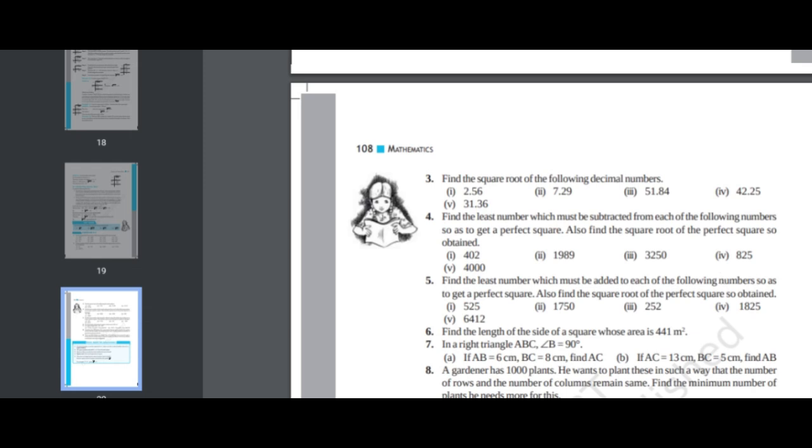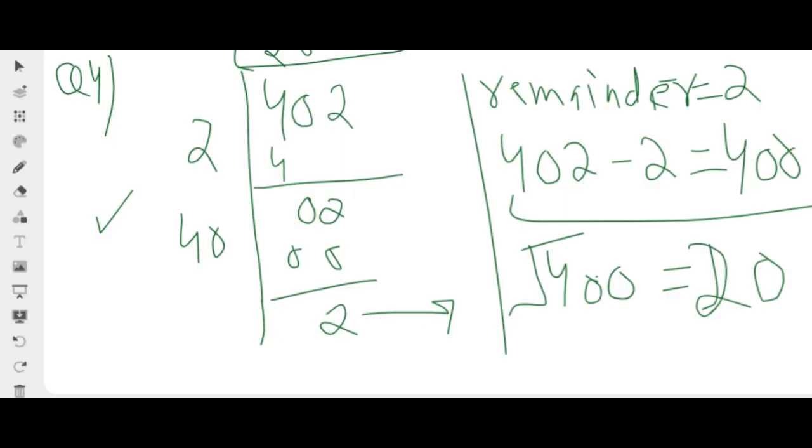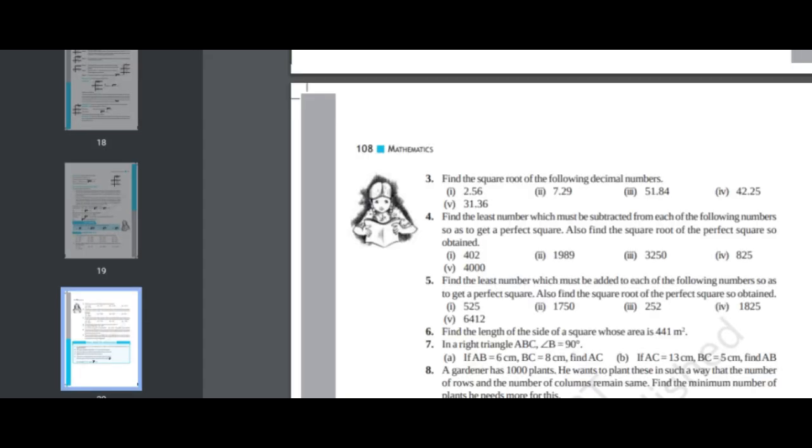Let's do the second part. So basically in the second part the same thing will go here. The second part question is 1989.